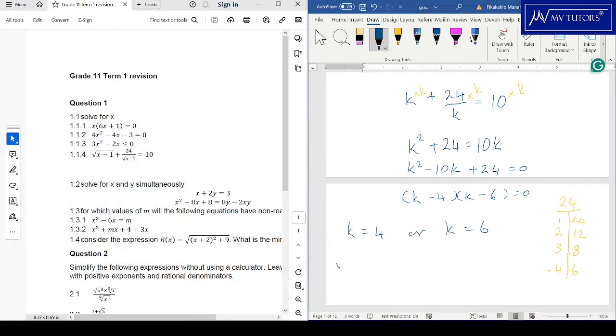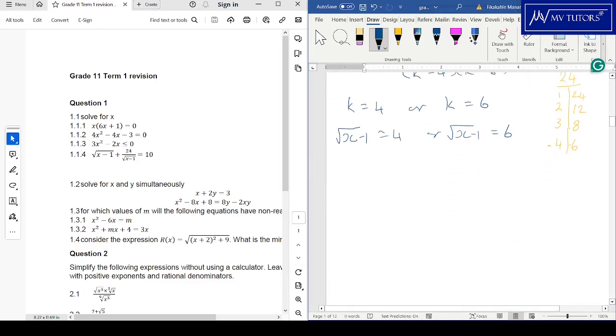So this side I will have the square root of x minus 1 is equal to 4, or this side the square root of x minus 1 is equal to 6.